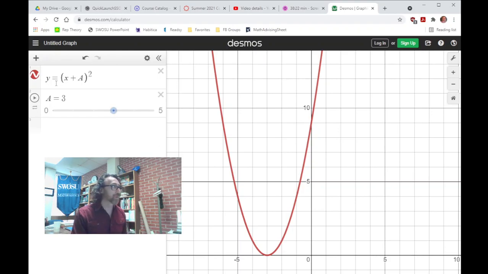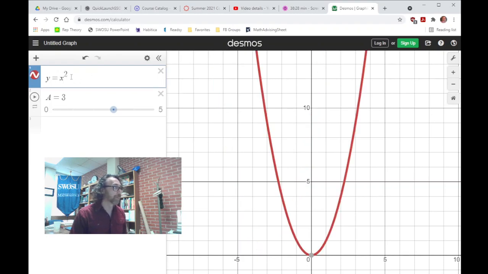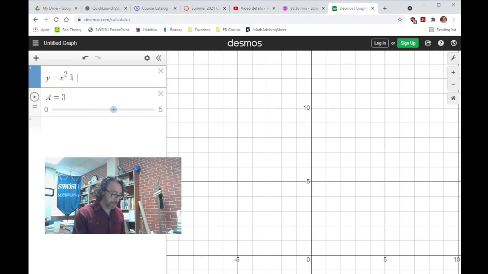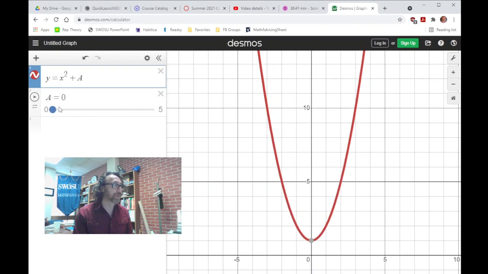Now, let's see what happens if we keep the inside the same, but we're going to mess with the outside. So we're going to do the squaring and then after the squaring is done, we're going to add something. Okay, now notice what's happening here.